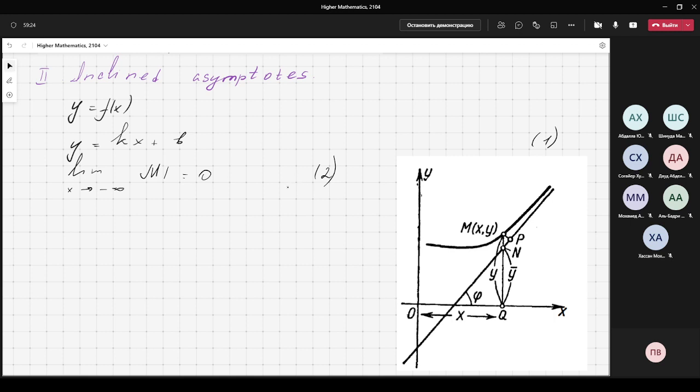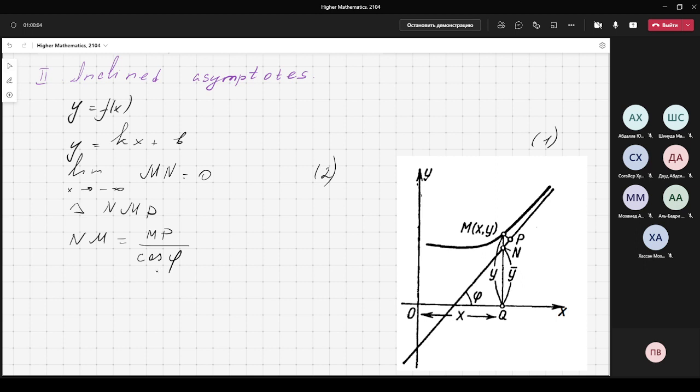Designating the angle of inclination of the asymptote to the x-axis by phi, we find from triangle NMP that NM equals MP over cosine of phi.